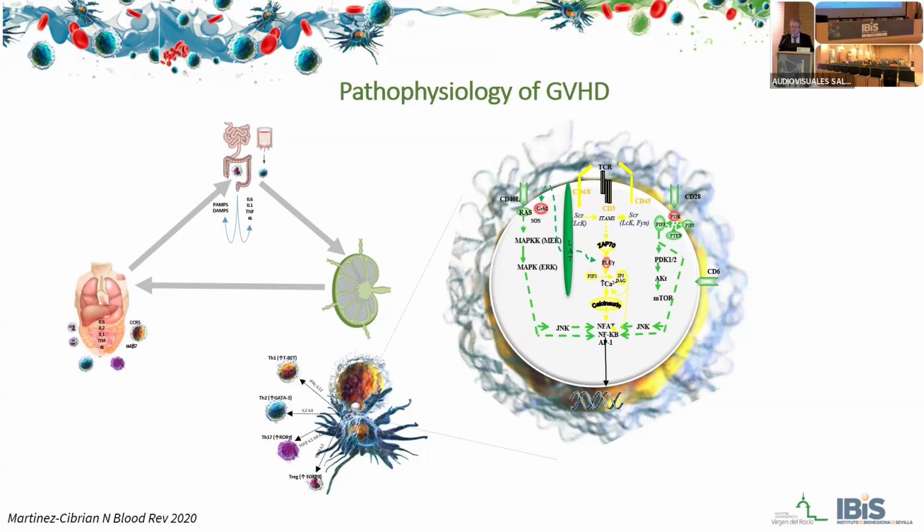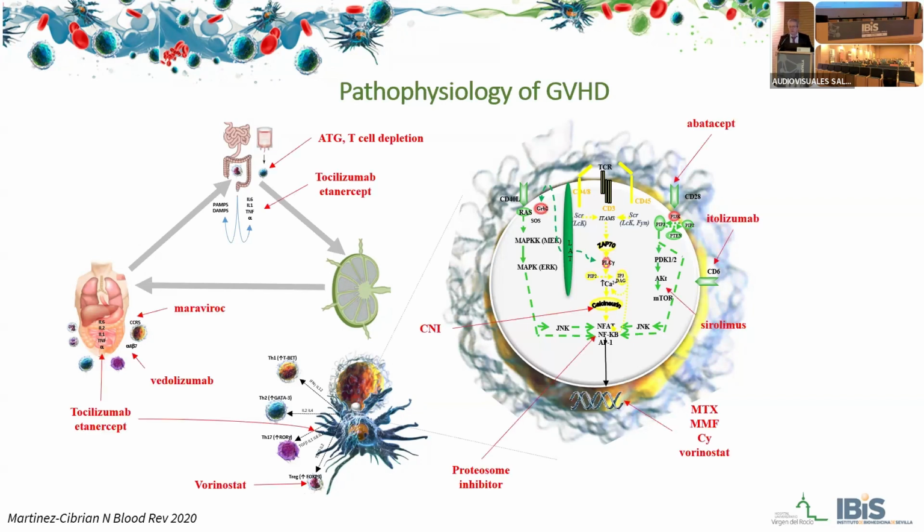So the more classic approaches to prevent or treat graft versus host disease, but also the new ones, actually try to blockade some of these steps. For example, the use of ATG or T cell depletion will basically decrease the number of T cells and therefore might decrease the risk of GvHD.